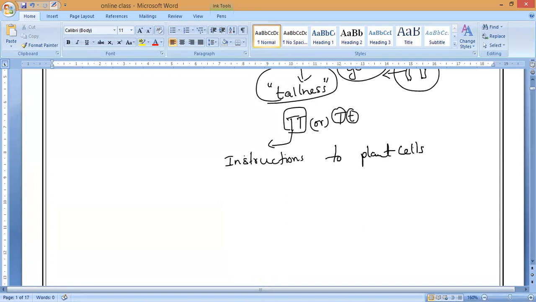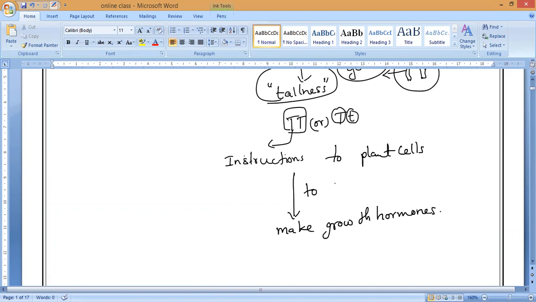Do you understand? So to do what, guys? To make a greater number of growth hormones. So now due to that, what is happening? Anybody can say?